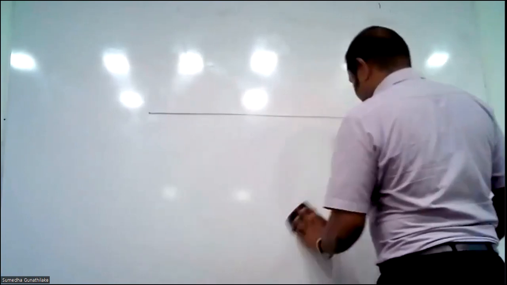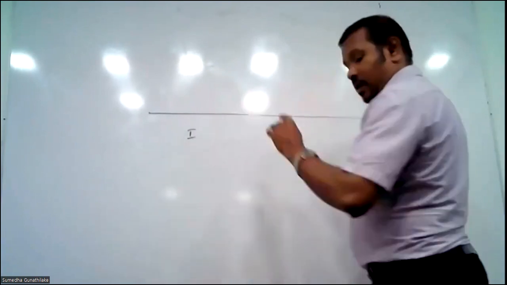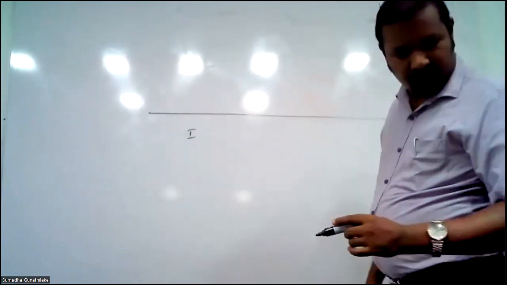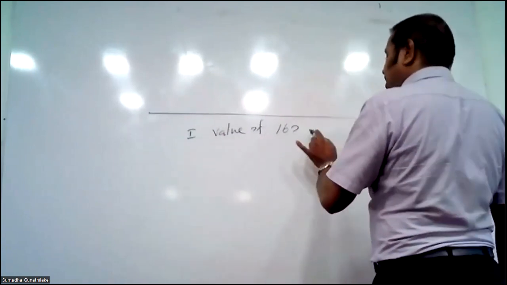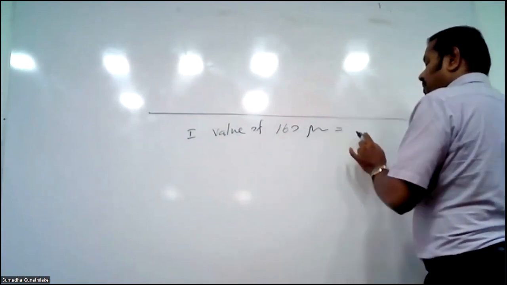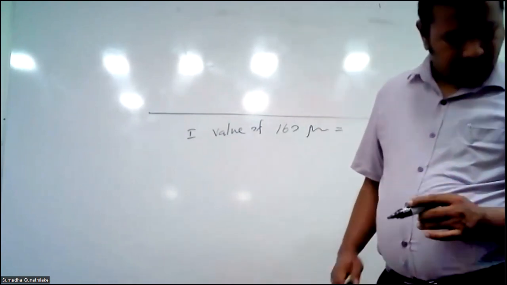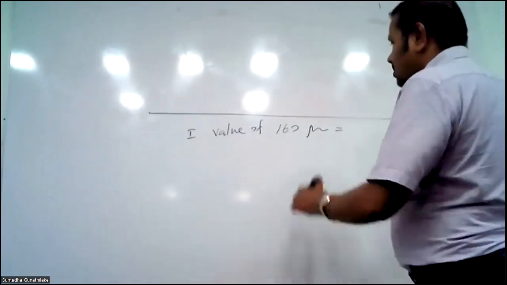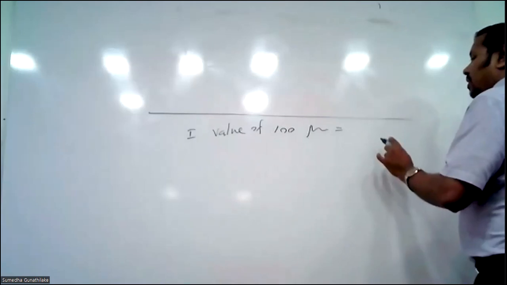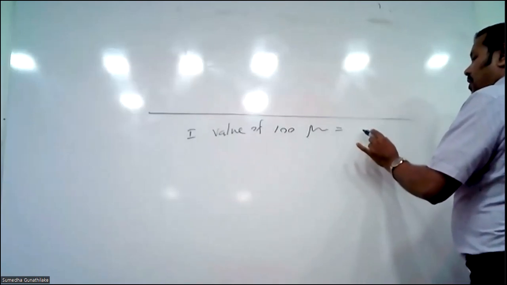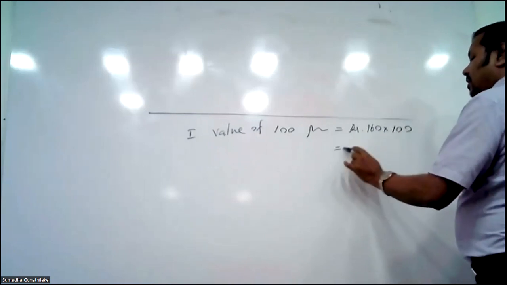1 sterling pound is 160 rupees. Then you have to find the value of 100 pounds. 1 pound, 160 rupees, into 100.